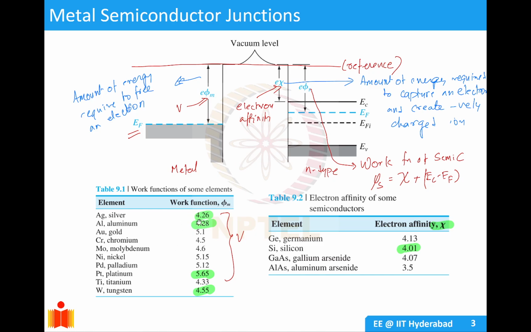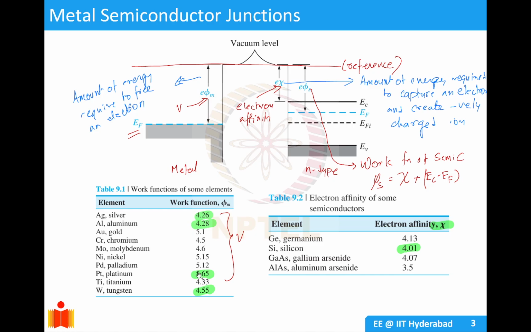Here are some common work functions for some metals, and some common electron affinity values for some semiconductors. For silver, the work function is 4.26 electron volts. For aluminum, it is 4.28 electron volts. For gold, it is 5.1 electron volts.